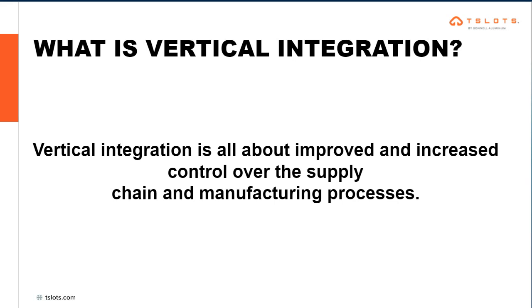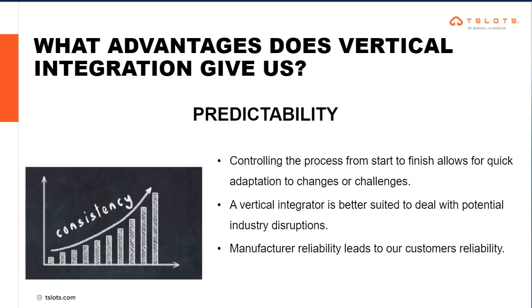So some other key benefits of vertical integration, this was a question that we saw on the poll, was the predictability of this as well. And that's something very key, as you can see there.